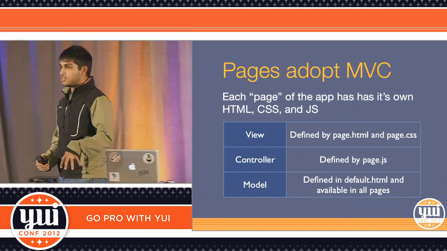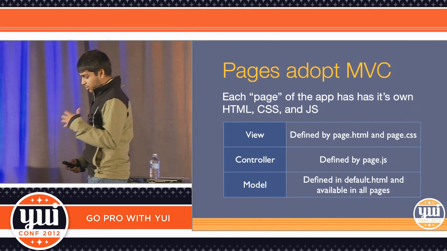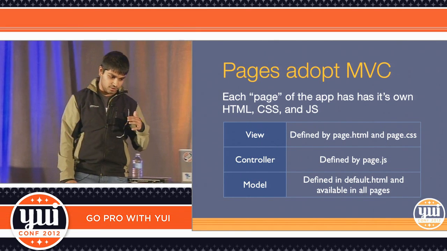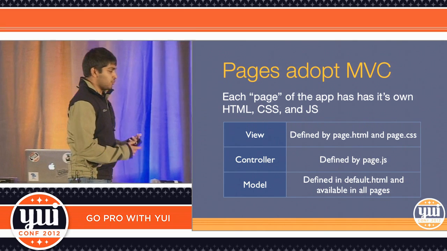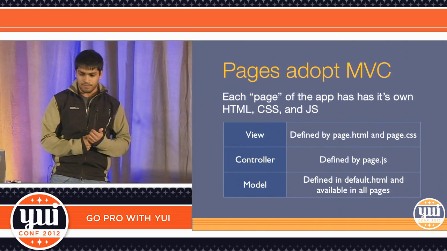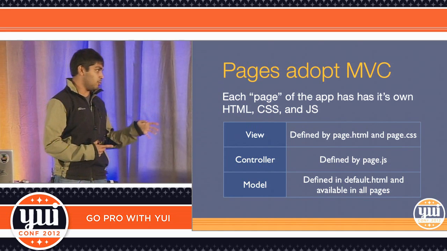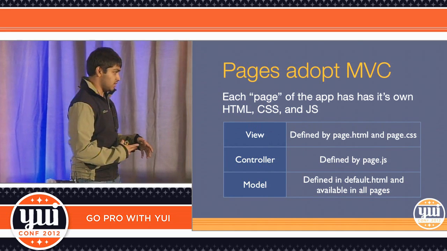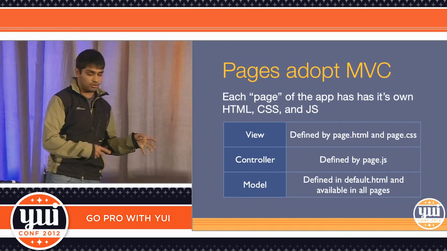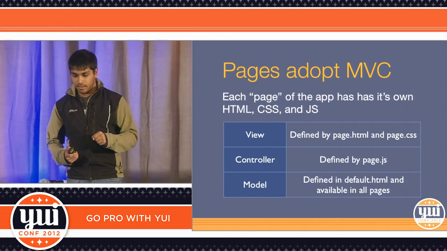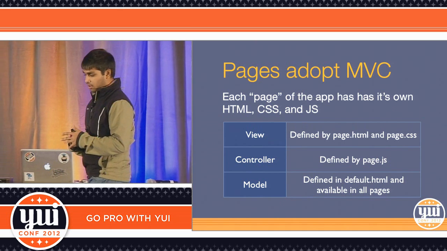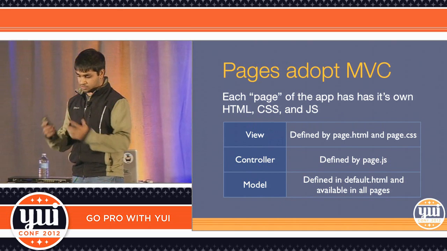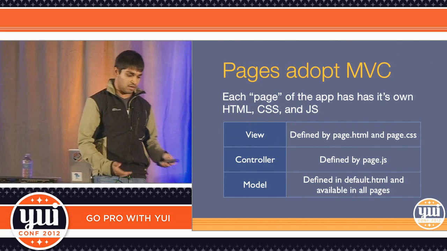Now those pages, for example, master view, which has masterview.html, masterview.css, masterview.js, to me, they adopt a model view controller architecture. So the view is represented by whatever's in HTML and whatever's in the CSS. The controller is whatever's in that JavaScript file. And the model is usually something that's defined in some global space, so that all the different views have access to it.